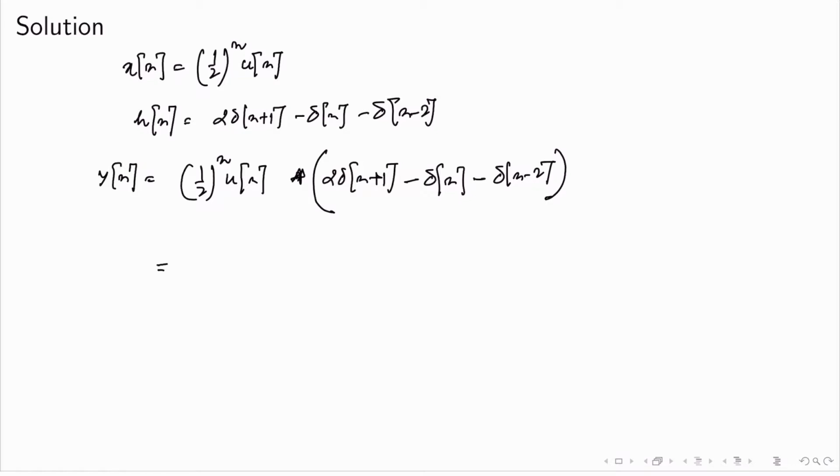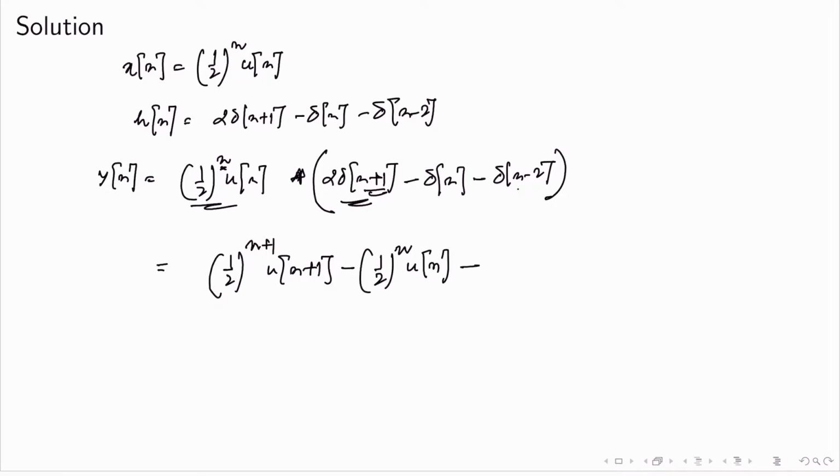This convolved with this will be half to the power of n plus 1, you replace n with n plus 1, u of n plus 1, minus half to the power of n u of n, minus you replace n with n minus 2, and that will be half to the power of n minus 2 u of n minus 2.